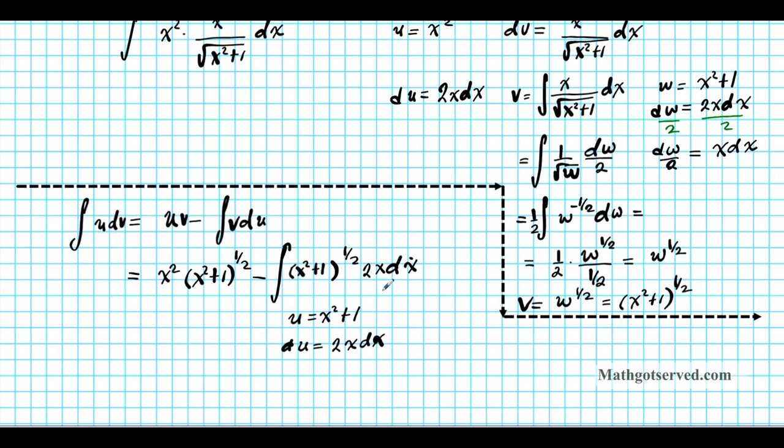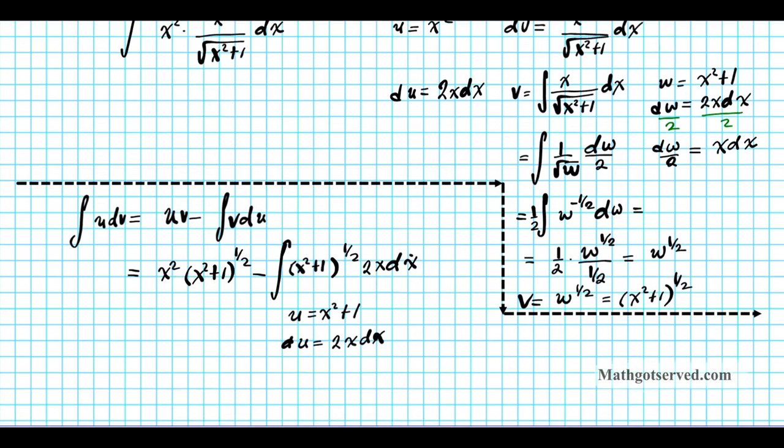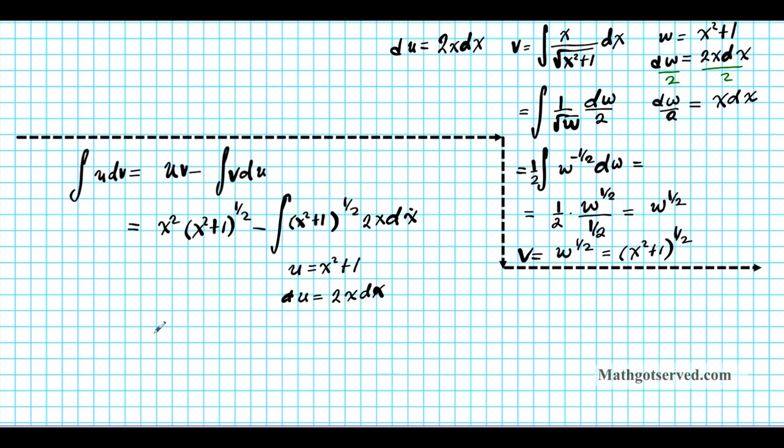So now let's put it back into the integral. It's going to become x squared times x squared plus 1 raised to the 1/2 minus the integral of u to the 1/2, replacing this x squared plus 1 with u, and then 2x dx is nicely replaced with du.